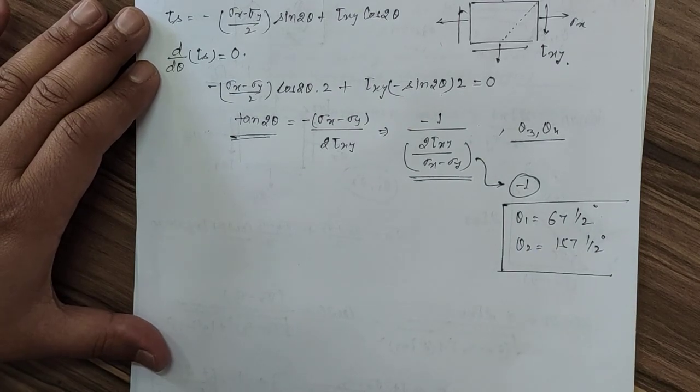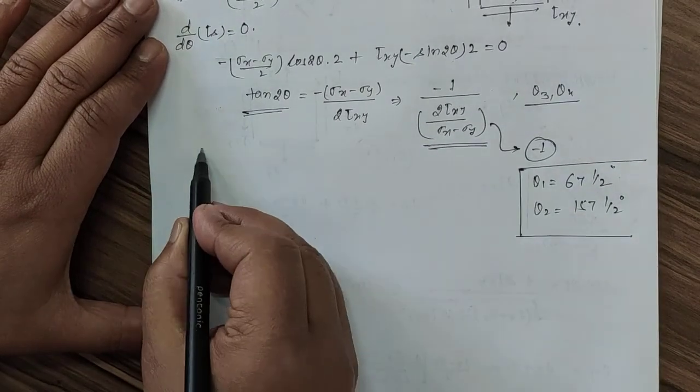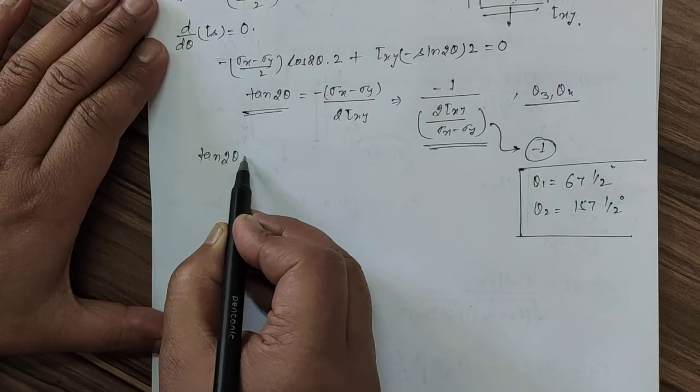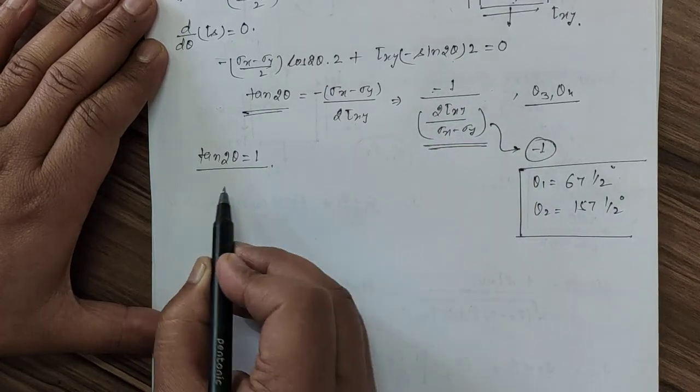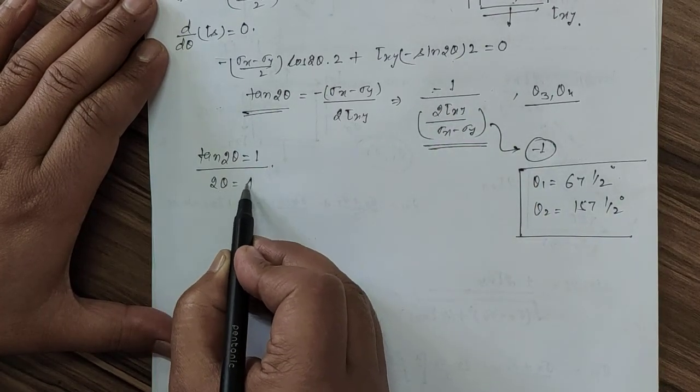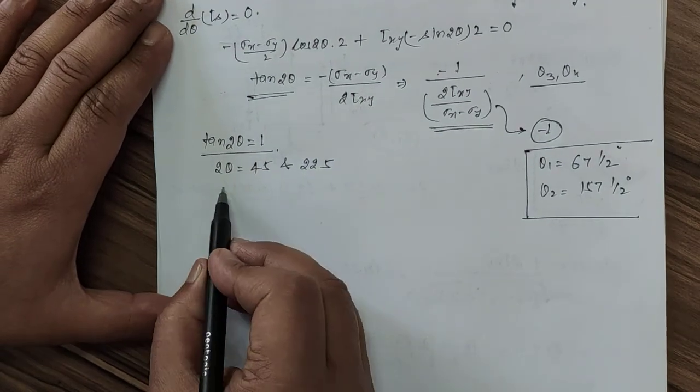Now corresponding to the same loading condition, we can calculate tan 2 theta. This value is minus 1, so it is coming out to be 1, means 2 theta we are getting 45 and 225.